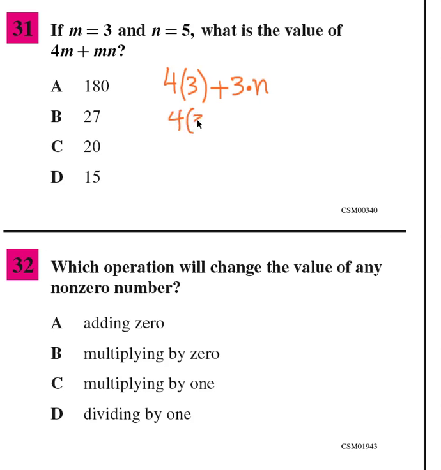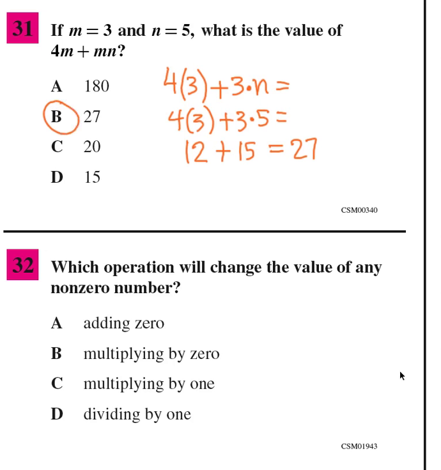Four times 3 plus 3 times 5. 12 plus 15 equals 27. The answer is B.